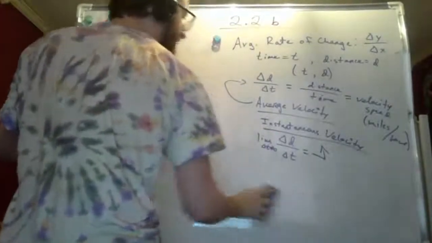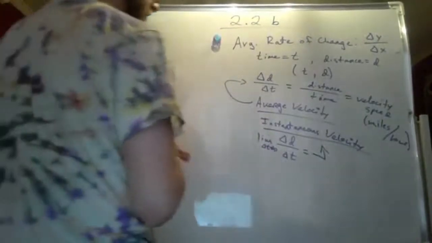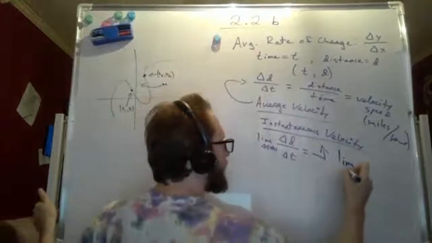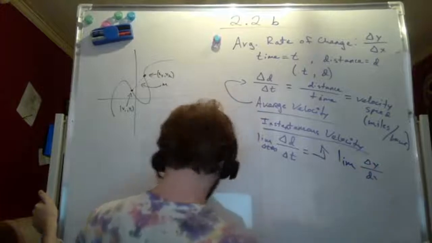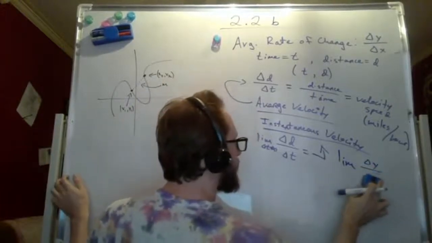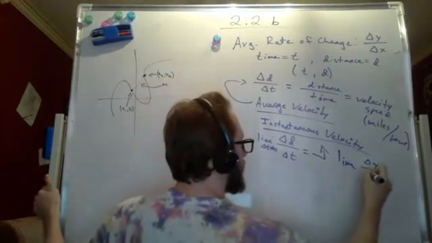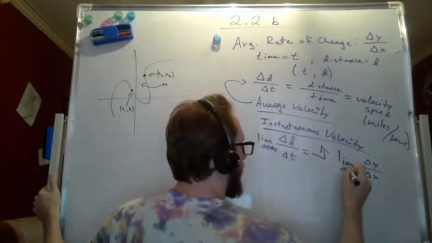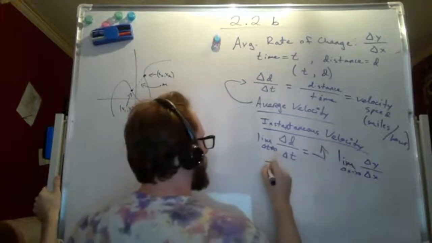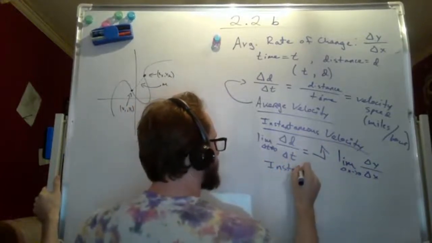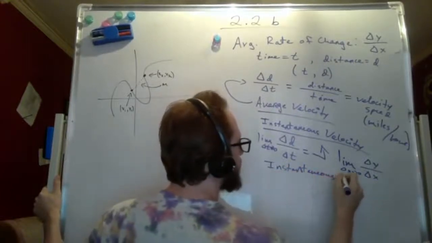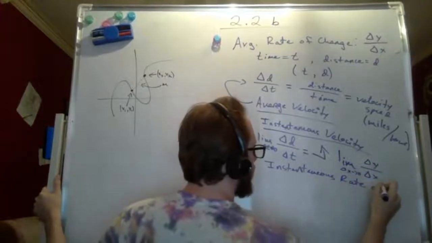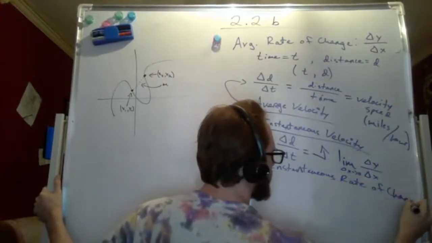So that's instantaneous velocity as delta t goes to 0. Or in other words, if you want to switch back to y and x, then this is the limit as delta x goes to 0 of delta y divided by delta x. This is also called the instantaneous rate of change.